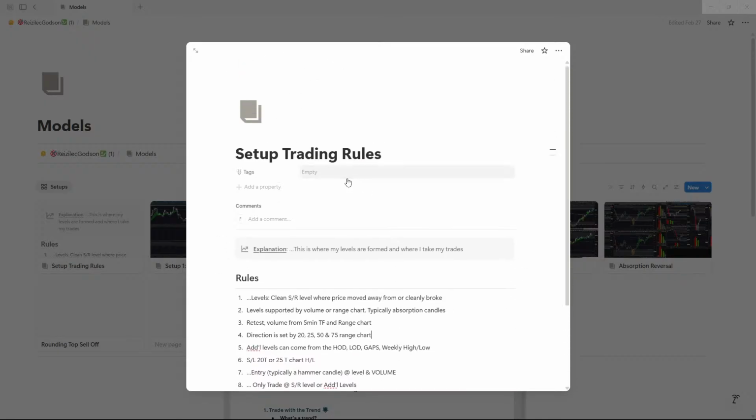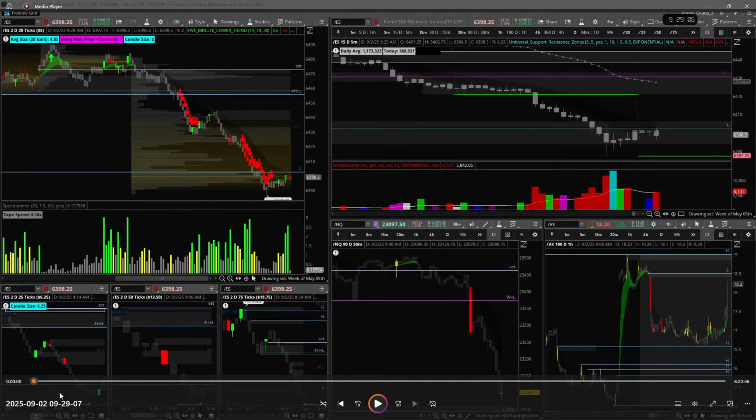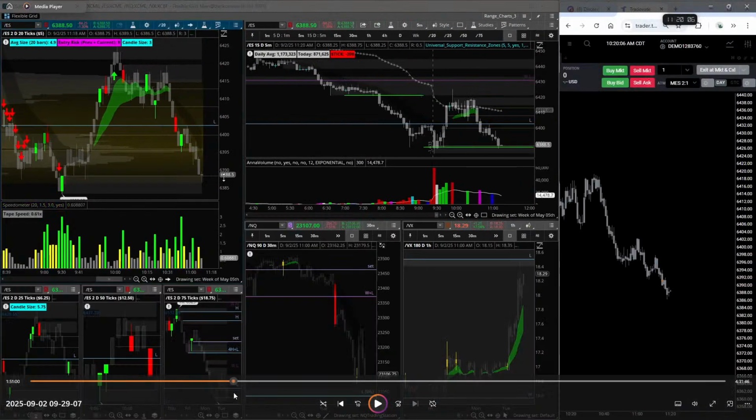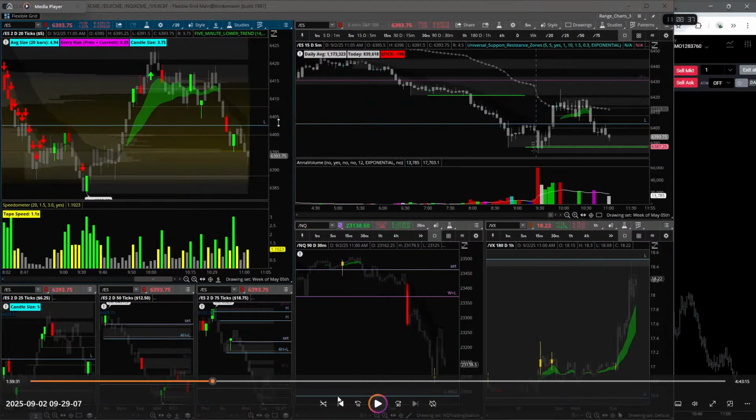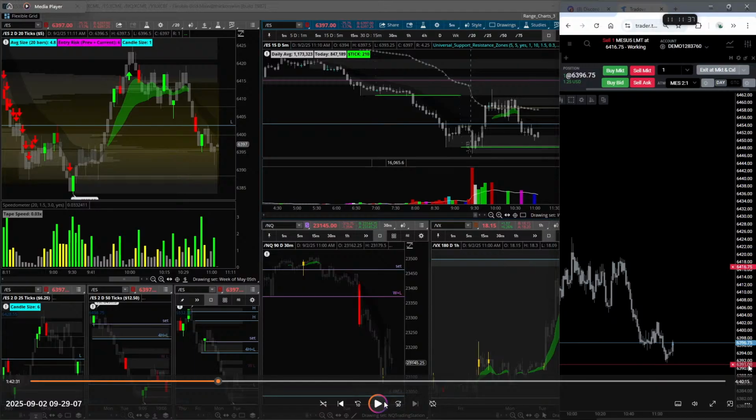Alright. Alright, so I took one trade today at 11:11. Here was my trade.